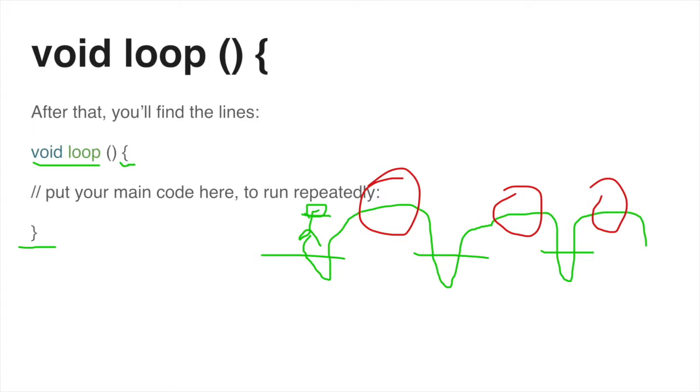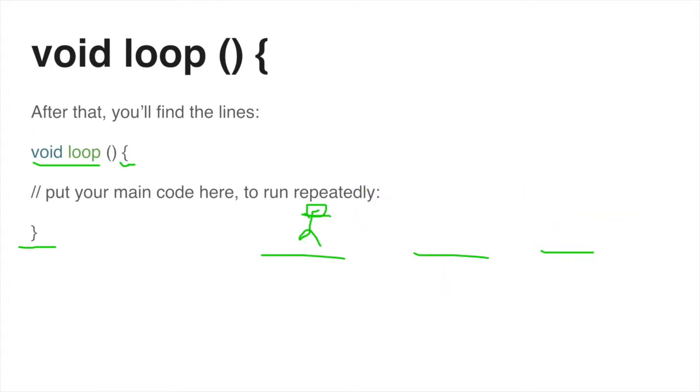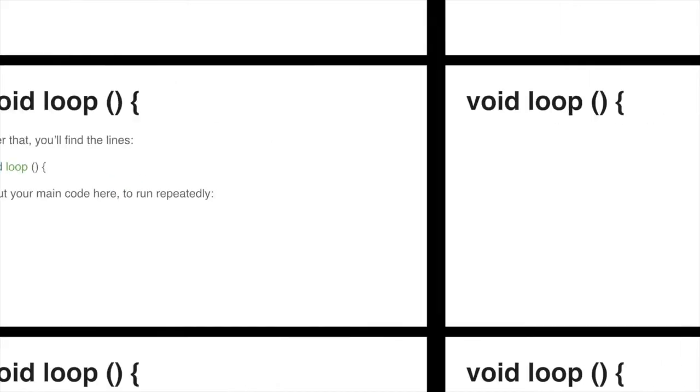If we had a high-speed camera, we would actually see the LED pause or turn off and then on again, so it would be more of a blinking than a constant on. But because the computer thinks way faster than our eyes can see, we don't actually see that pause. So hopefully that makes sense.